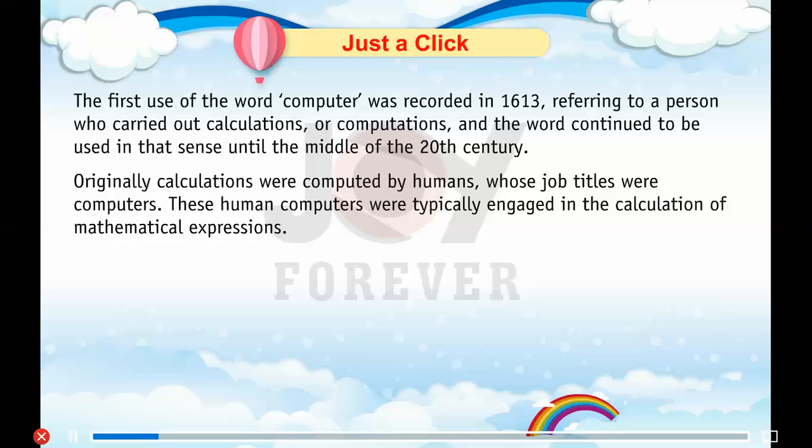Originally, calculations were computed by humans, whose job titles were computers. These human computers were typically engaged in the calculation of mathematical expressions.